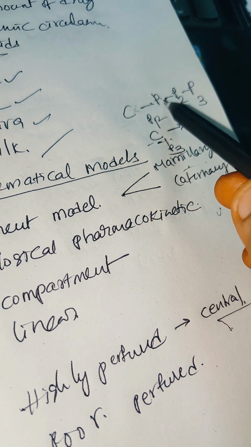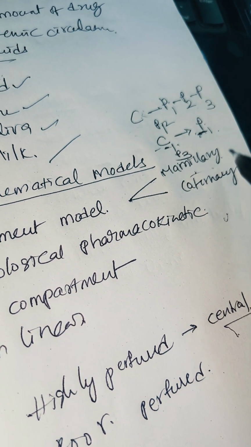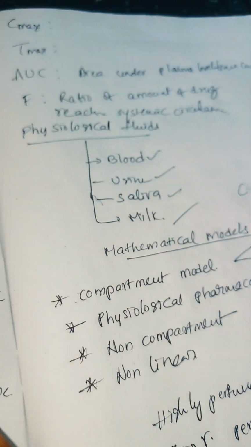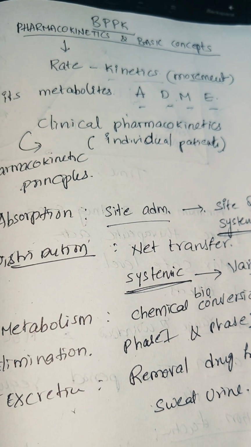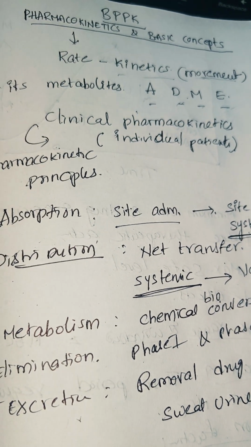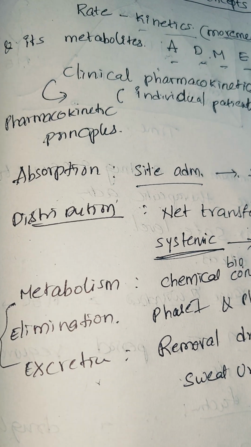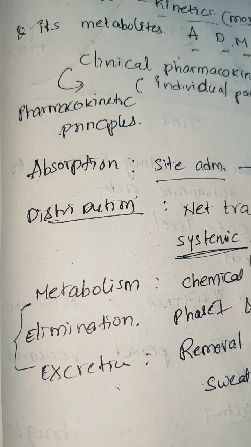When they are sequentially arranged, it is called the catenary model. So this is the brief introduction of basic pharmacokinetics. Further, with this we can get the basic concepts. Thank you.